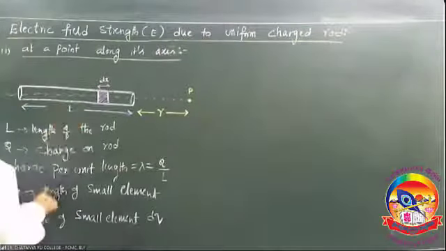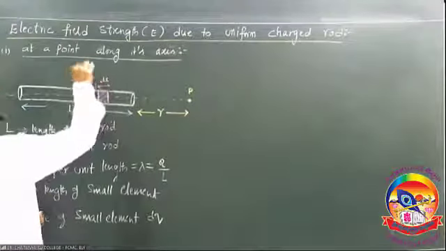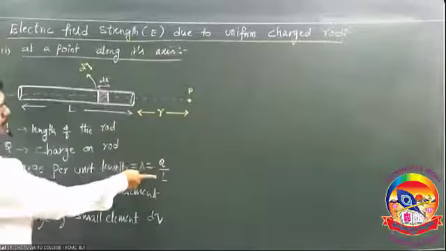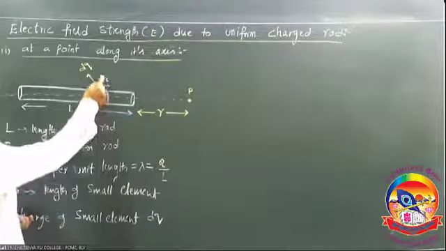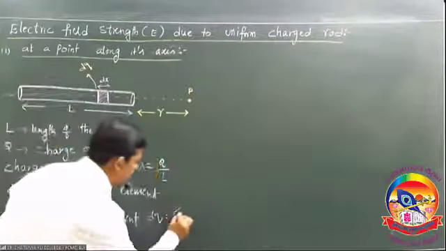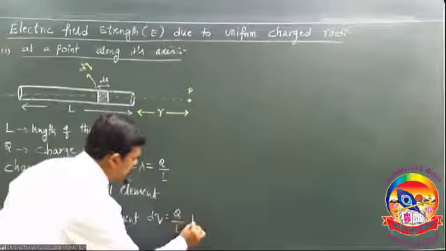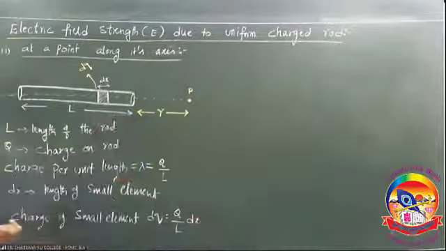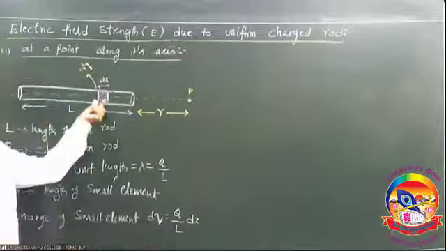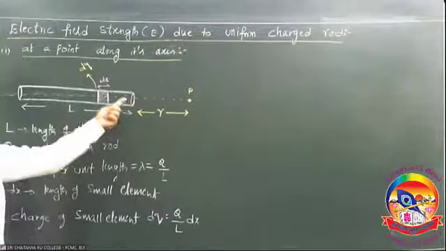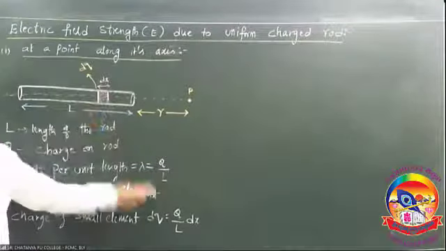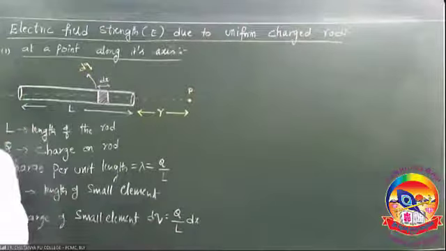For this small element, let charge is dq. Charge per unit length is Q by L. This small element of length dx. Then dq is per unit length Q by L, its length is dx, Q by L dx. You understand this point? So for this small element, what is the charge? Per unit length Q by L. For this small elemental length dx, Q by L into dx. Right?